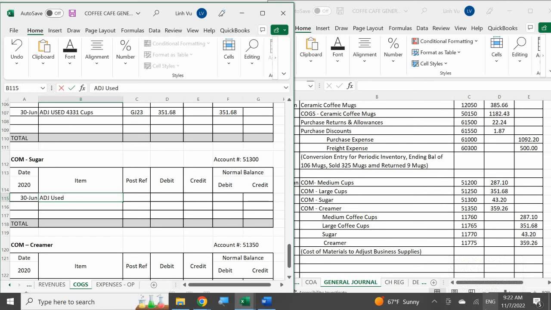We used 120 pounds, for a total of $43.20.